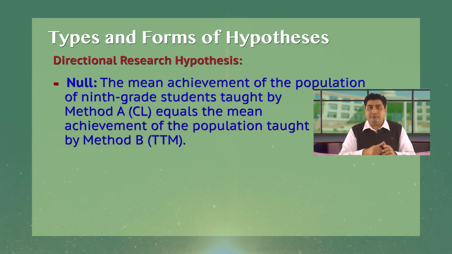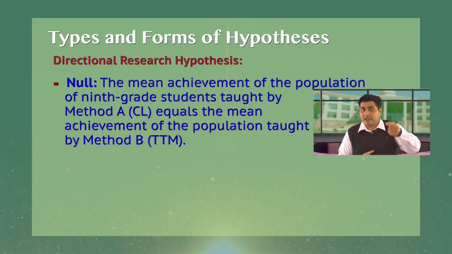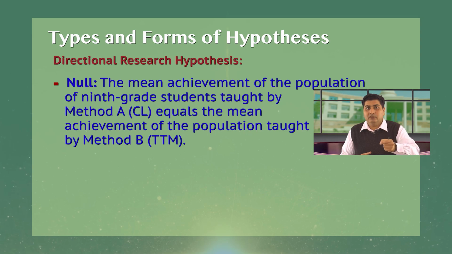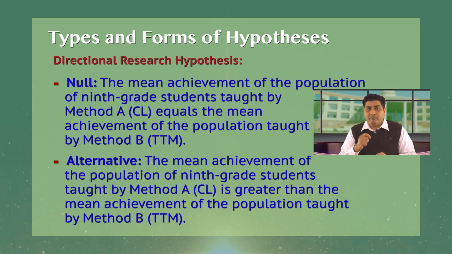Whereas the alternative hypothesis in this case, when I decided directional research hypothesis, would be the mean achievement of the population of 9th grade students taught by cooperative learning method is greater than the mean achievement of the population taught by traditional teaching method.